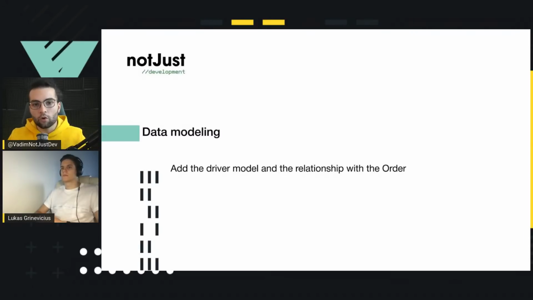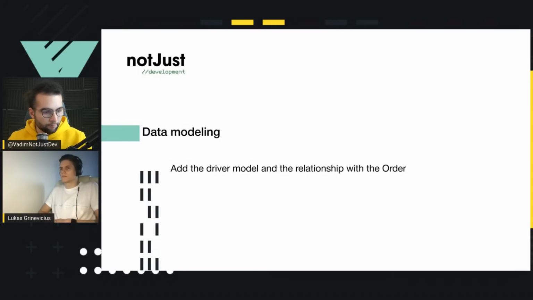At the moment our order is connected with a user and with a restaurant. We know who ordered and where he ordered from, but we also need to know who the driver is. So we will need to connect the order to the driver.